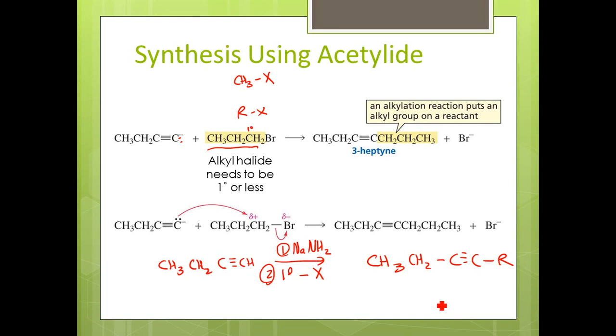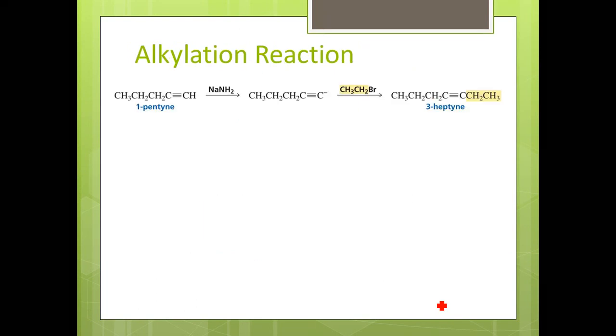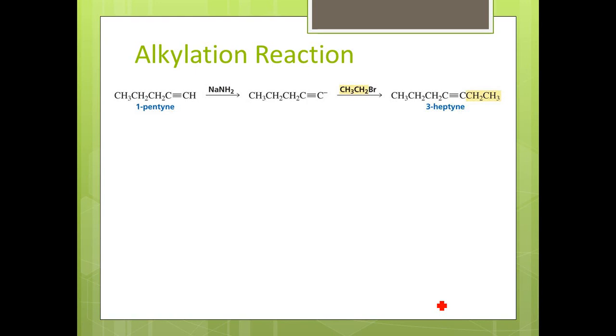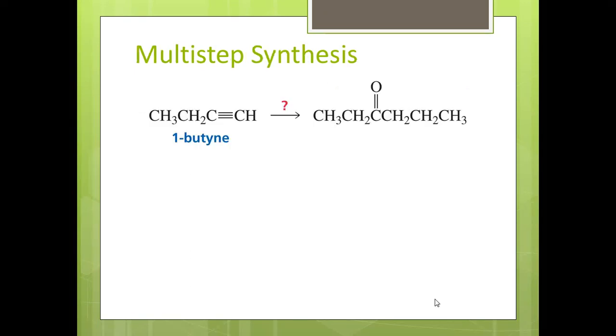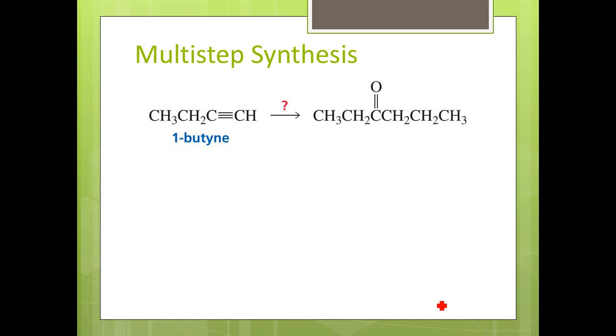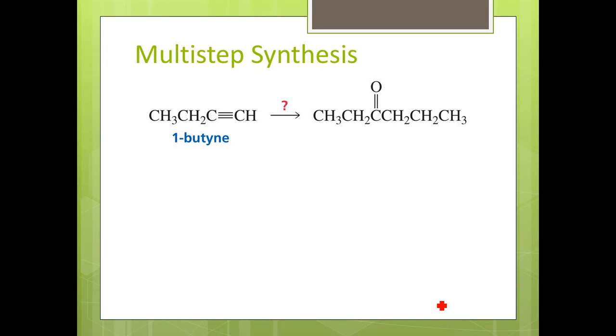And whatever that primary alkyl halide is going to end up attached where that H was. This is how something like that would look. Have that sodium amide, have a primary alkyl halide, now we get a longer chain.